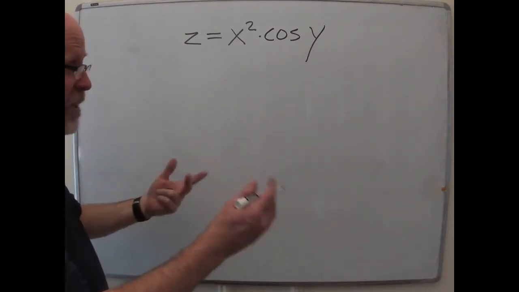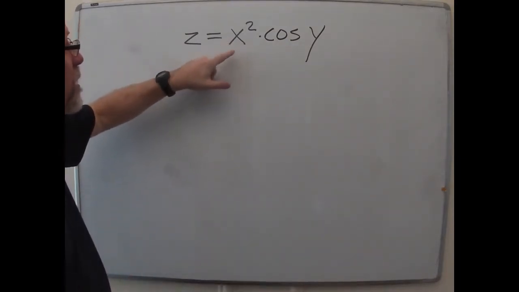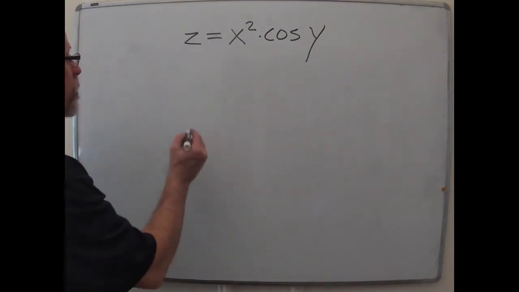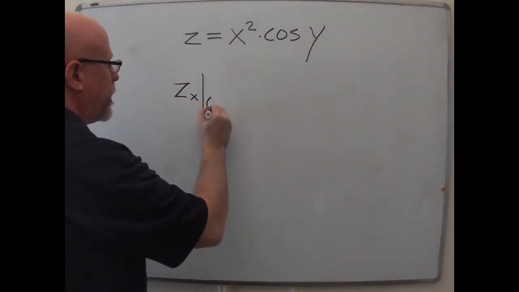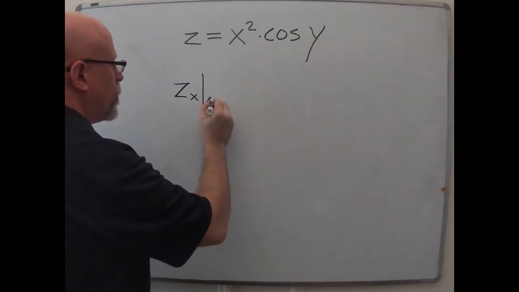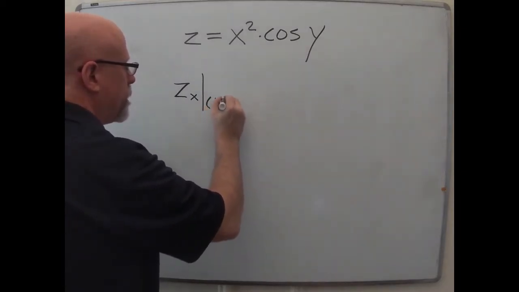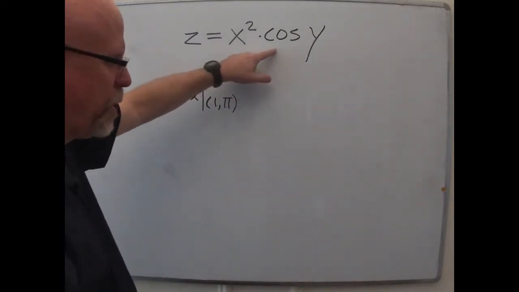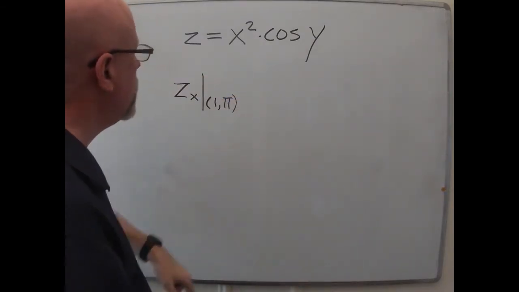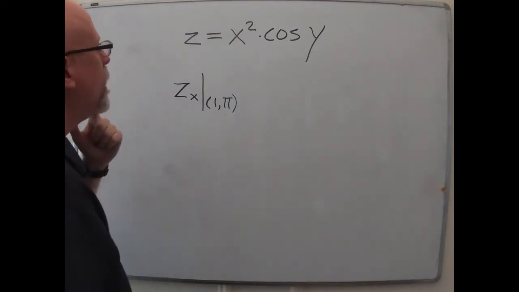I could try to sketch this, but we don't need that to take the derivative. Suppose we want to find z sub x evaluated at 1, pi. Did I choose well? What's the cosine of pi? Is that -1? Yeah, okay.